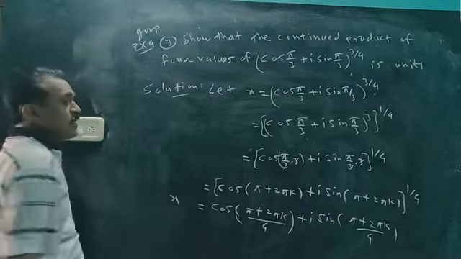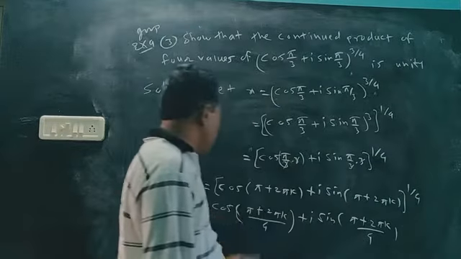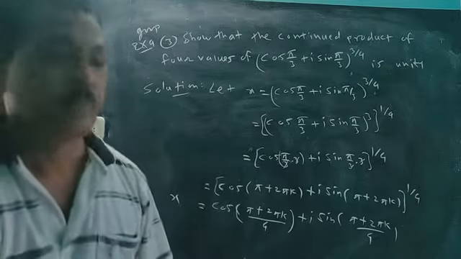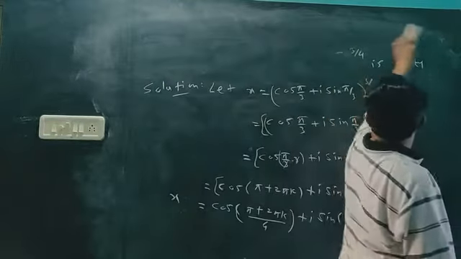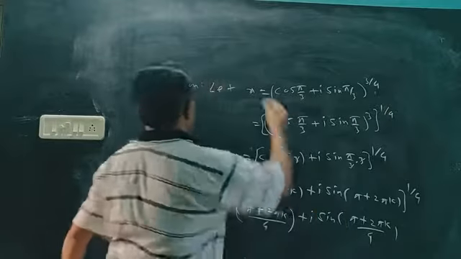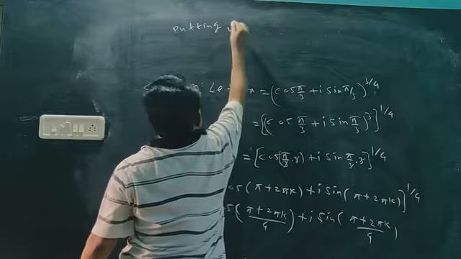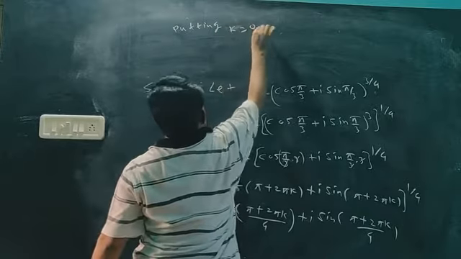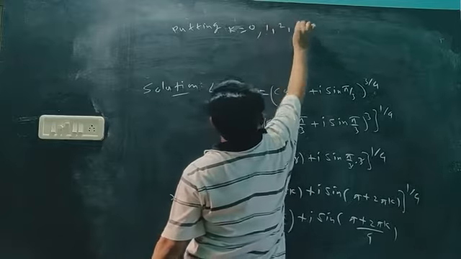Okay, so after simplifying, now I want the values. I want 4 values, so k running from 0. So putting k equal to 0, and I want 4 values, so 1, 2, 3.